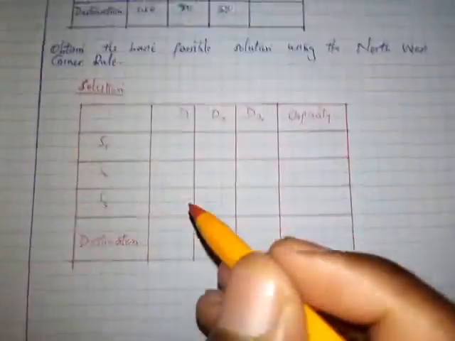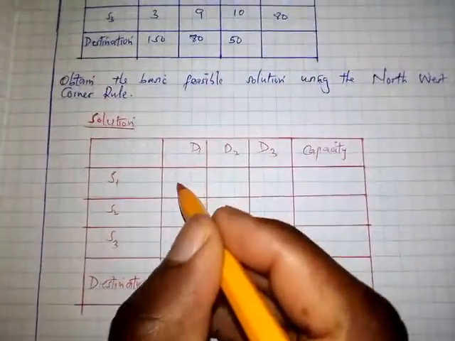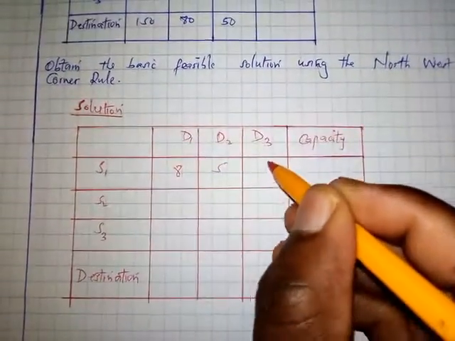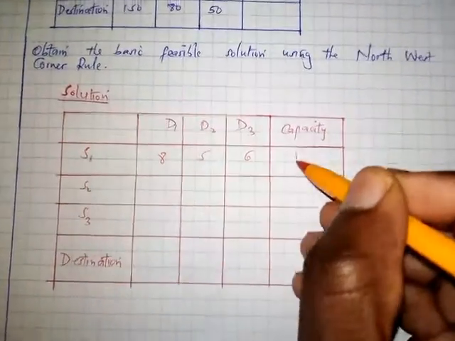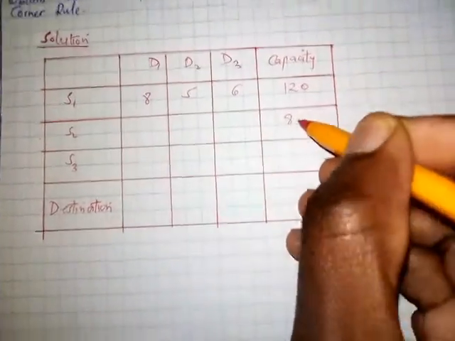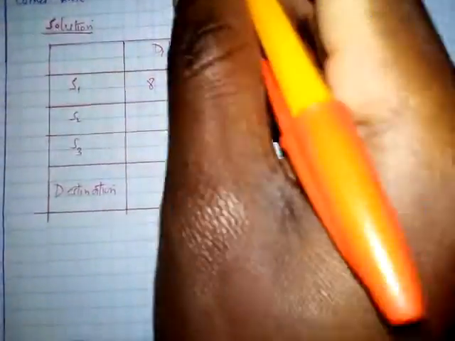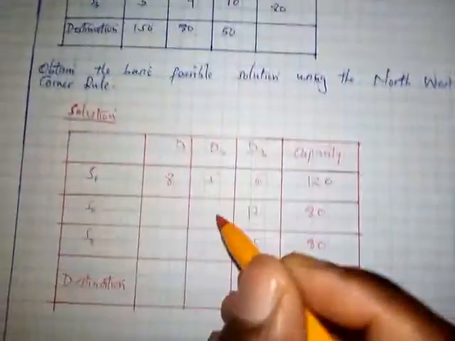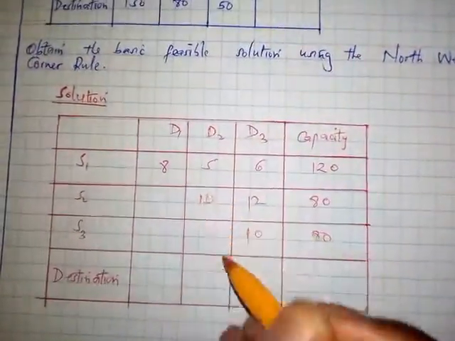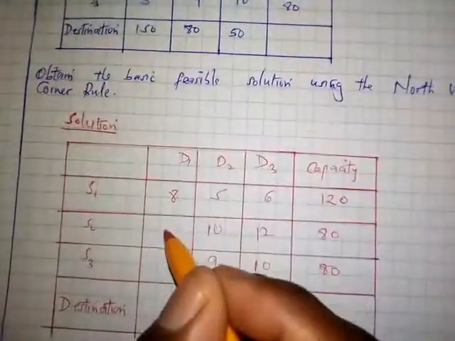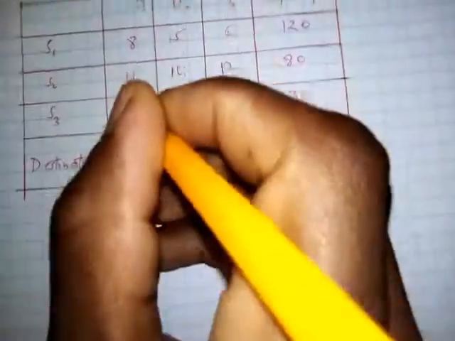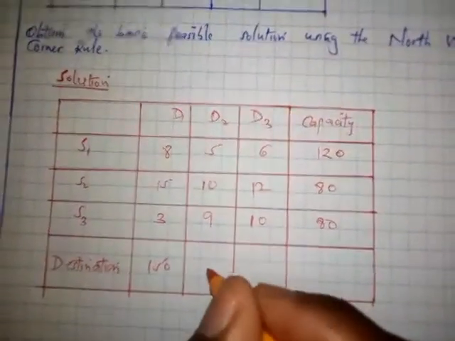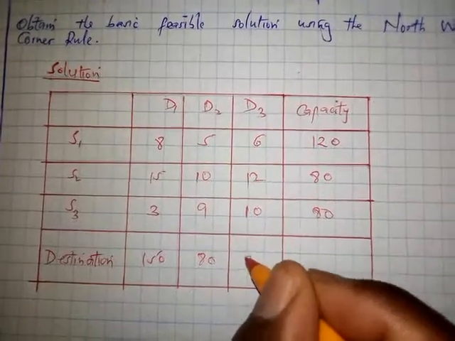So here's the table. Just copy 8, 5, 6, 120, 80, 80. Just copy 12, 10, 9, 15, 3, 150, 80, 80.